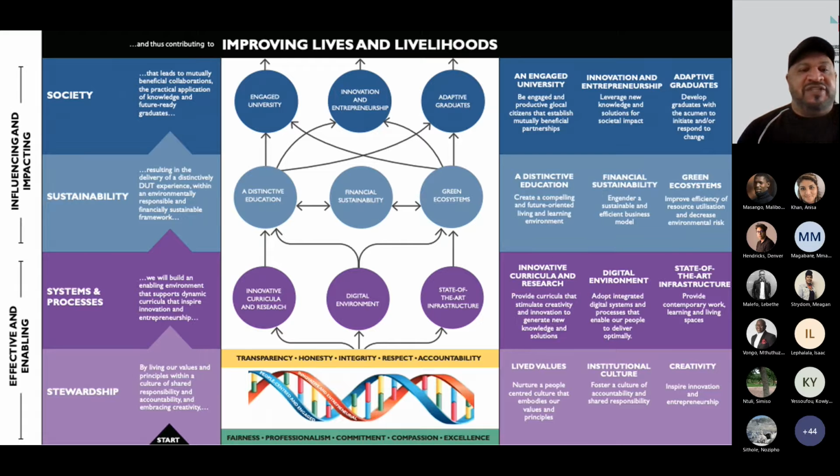And this strategy, which is read from the bottom up, has 4 perspectives. We speak about the 4 S's: stewardship, systems and processes, sustainability, and society. The first 2 perspectives are effecting and enabling, and the 2 at the top of the diagram are the influencing and impacting perspectives.